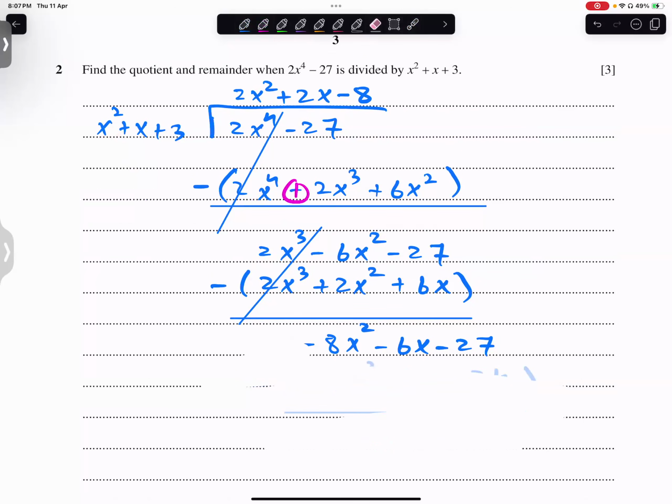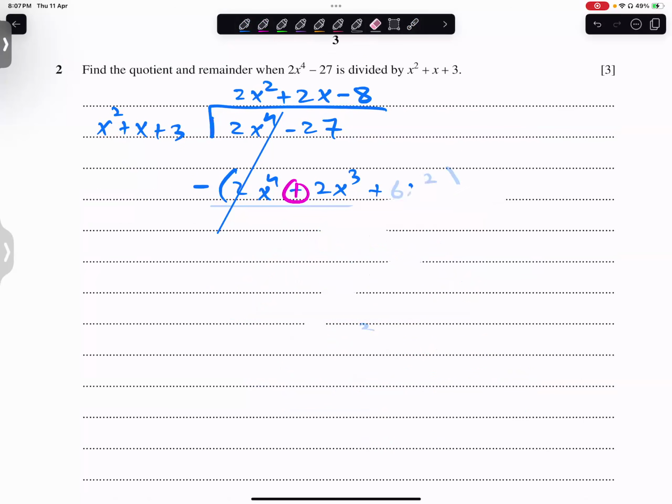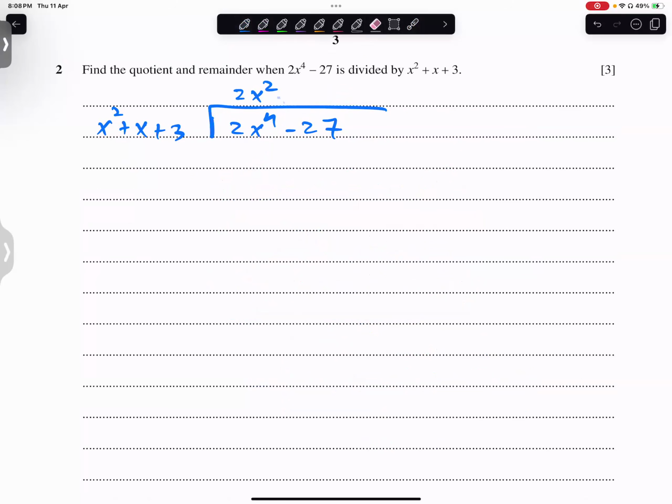So let's do it again. 2x^4 plus 2x^3 plus 6x^2.